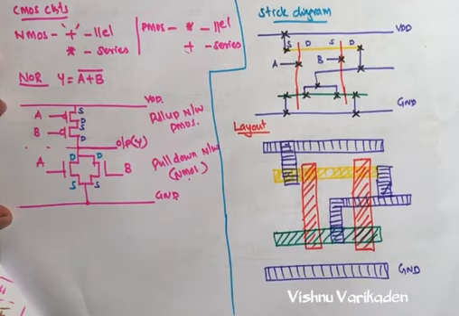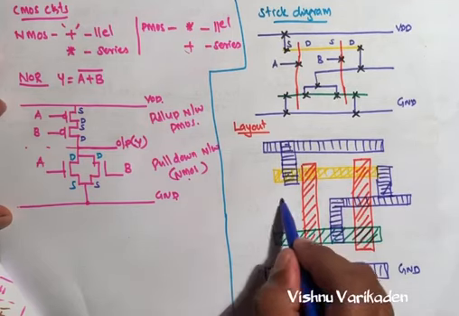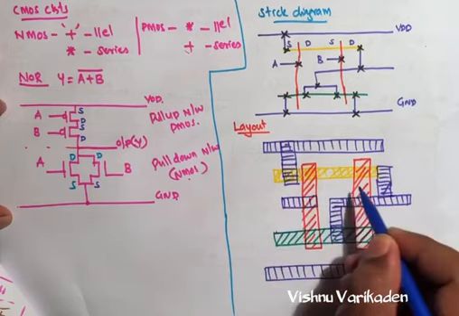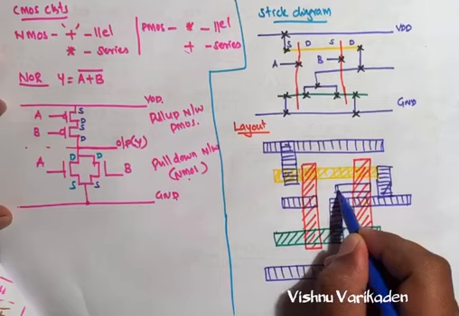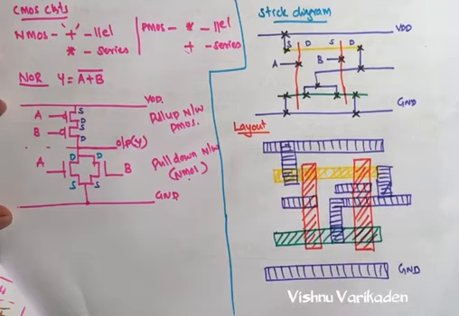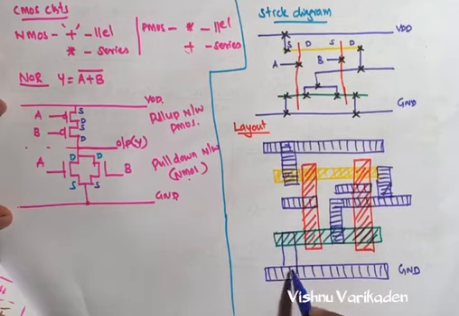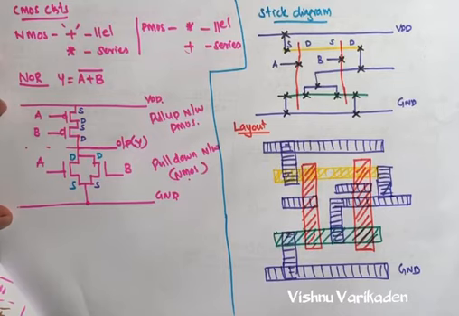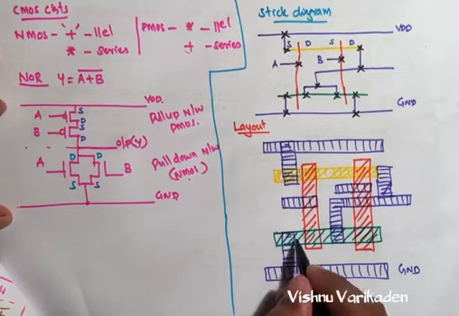So next one is connecting another one. It's another metal. This is also another metal for B. Also there is a connection to our VDD and ground. So this is the diagram.